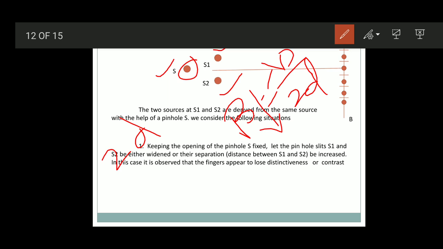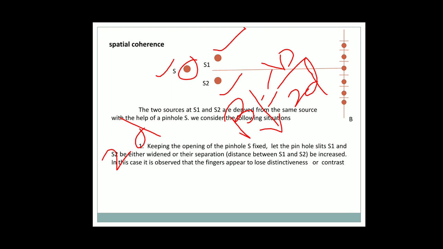So we cannot observe the interference pattern. So keeping the opening of the pinhole S fixed, let the slits S1 and S2 be widened or their separation, that is 2d, increased. In such a case, it is observed that the fringes appear to lose distinctiveness or contrast.